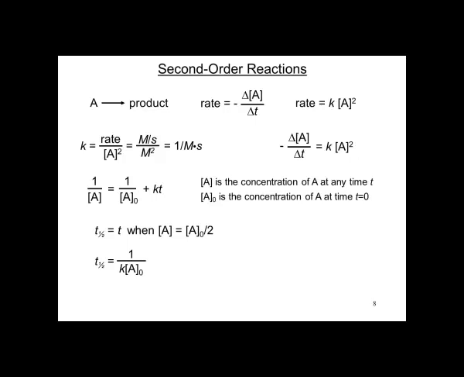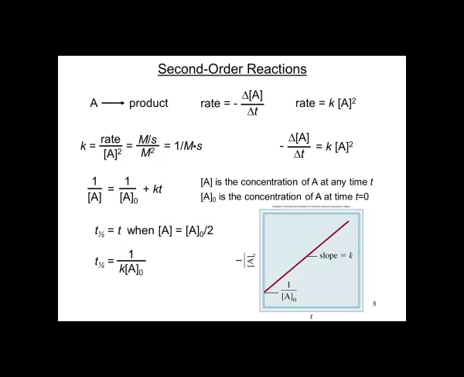The half-life is given by 1 over k times the initial concentration of A. If we plot 1 over the concentration of A versus time for the second order equation, we get a slope equal to k and an intercept 1 over the initial concentration of A.